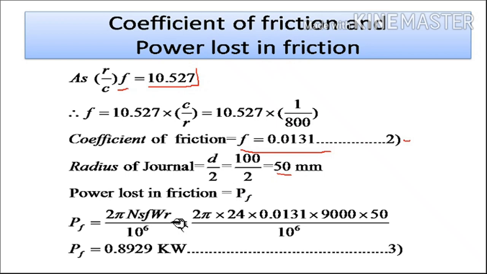Torque multiplied by omega is power. If I put in all these values, 2 pi constant, ns is 24, coefficient of friction, then W and the radius, and divide by 10 raised to 6, I get the power in kilowatts. The power loss in friction is 0.8929 kilowatts.